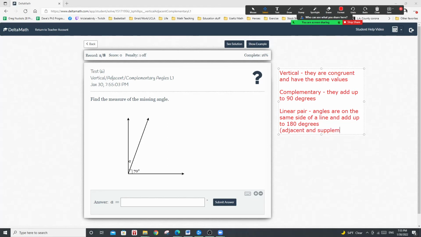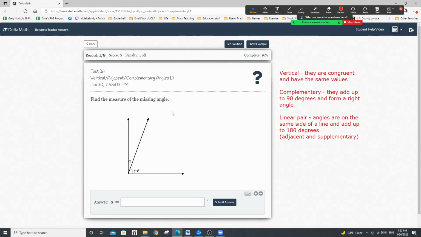Adjacent and supplementary. All right, so we see that they make a little right angle. Let me add that to this, actually. They form a right angle, so we can say they add up to 90.